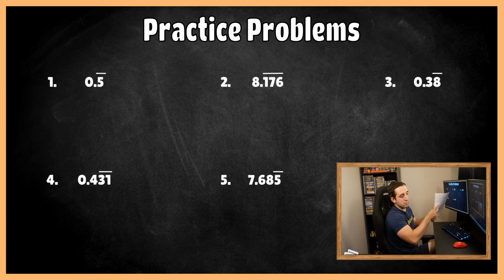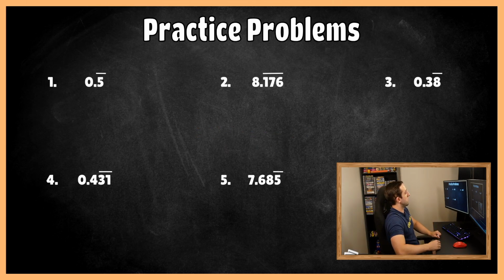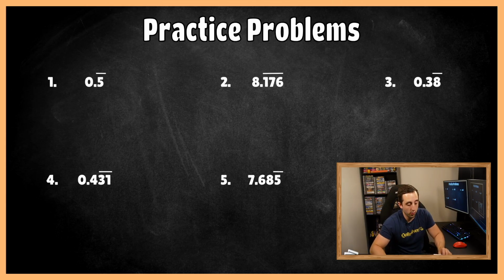So I'm assuming at this point you have finished these 5 problems, and now we are simply going to check your answers. So I just wrote them down on this notebook, right? For the first one, 0.5 repeating, you should have gotten 5/9.